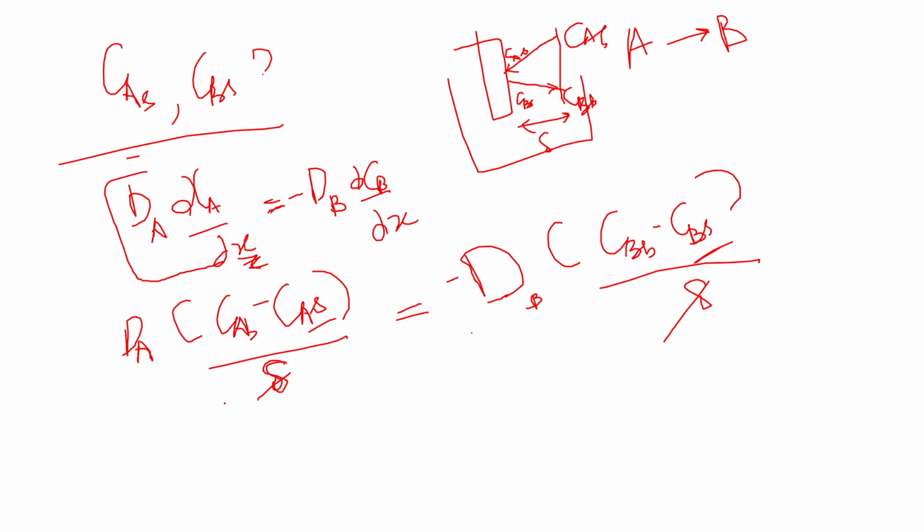So now I'm rearranging this equation to write CBS in terms of CAB. How do I do that? I'll take this entire thing to the other side. So when I'm rearranging, I'll get an expression for CBS. Can anyone tell me? Please try that. It's just one step you have to rearrange.